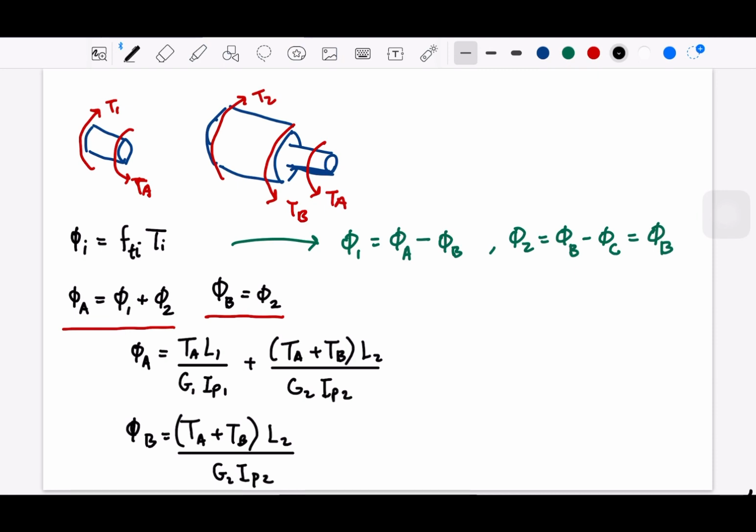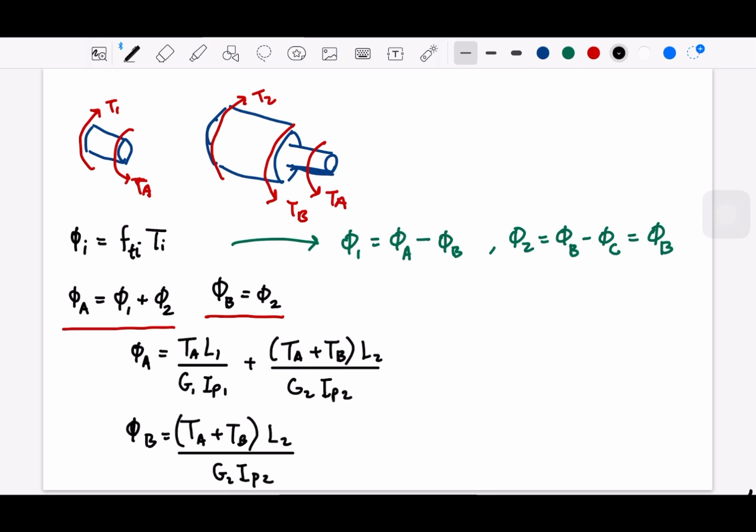From these two relations, we can also write the twisted angle for A and B based on materials 1 and 2. A, B, C are the nodes, meaning the sections, and 1 and 2 are the materials. So we have these two relations. The twisted angle at B is equal to twisted angle 2 because the angle at C is 0.